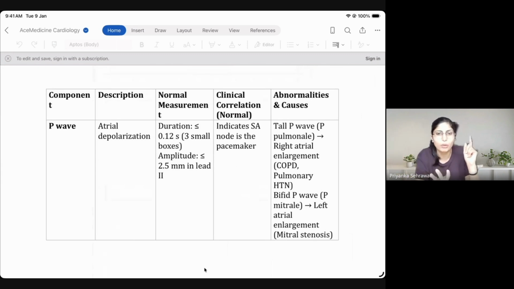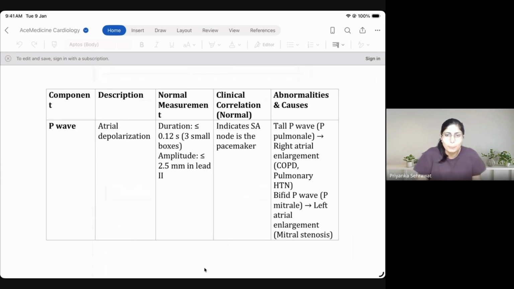So the normal duration of P wave is less than or equal to 3 small boxes. Amplitude in lead 2 is less than or equal to 2.5 millimeters. SA node is our pacemaker. SA node gives out the electrical potential or the discharge leading to atrial muscle involvement, which gives rise to our P wave. Okay, so clinical correlation is with the SA node and the atrial contraction, atrial depolarization.